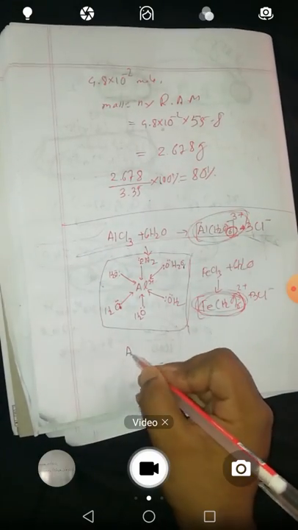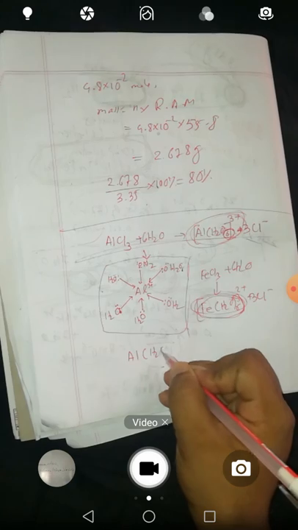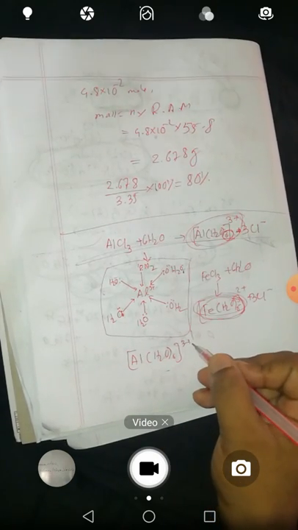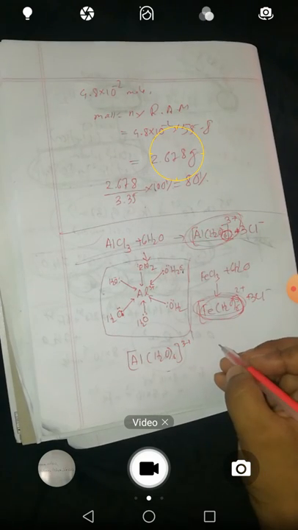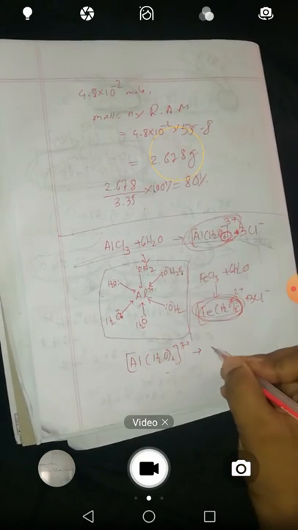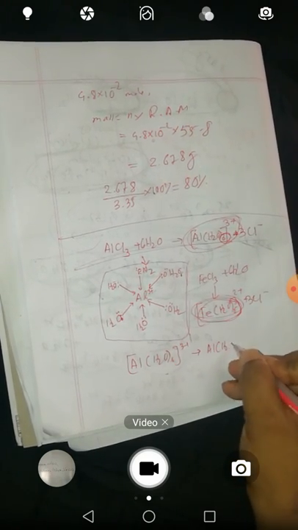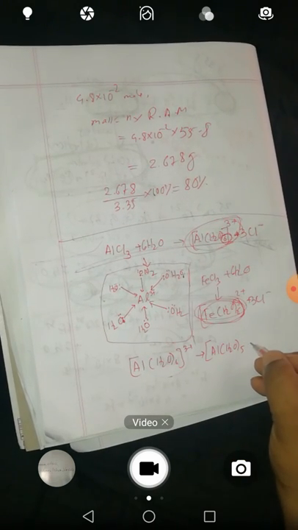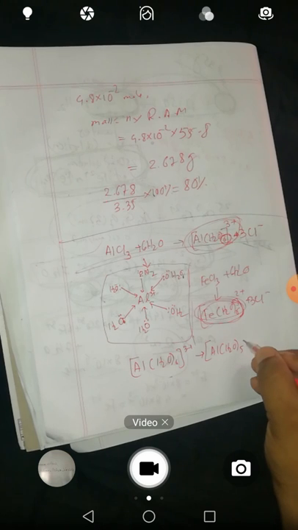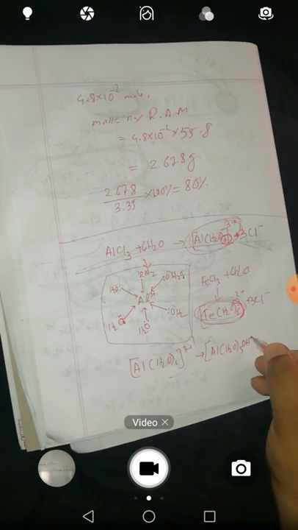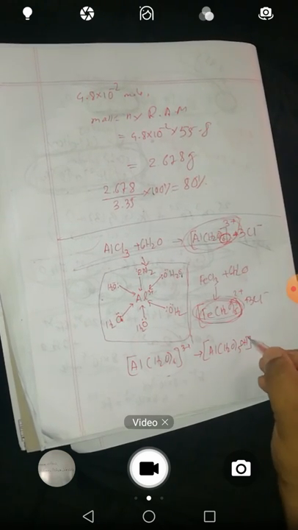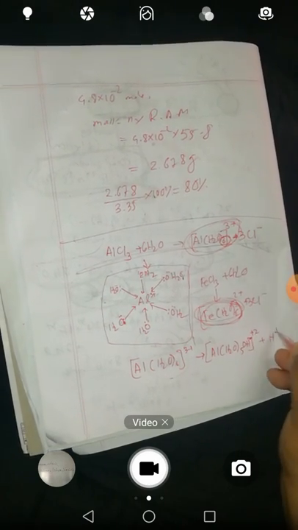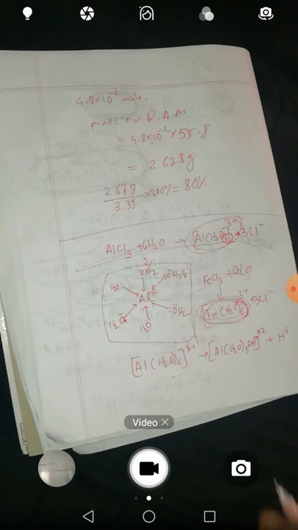Look, Al(H2O)6 3 plus gives Al(H2O)5(OH), where one water molecule breaks down into H plus and OH minus, and the OH minus remains here. So 1 minus and 3 plus now gives 2 plus, and 1 H plus is released.